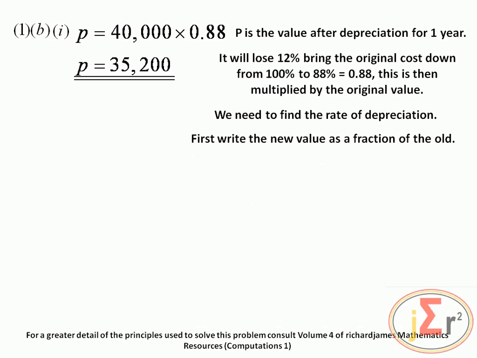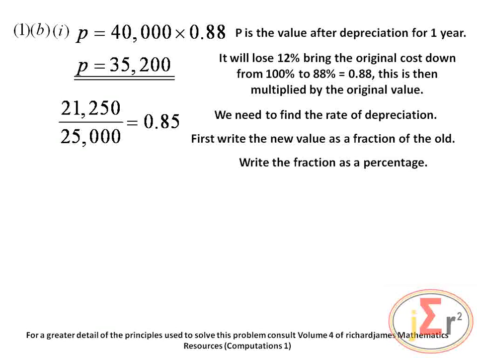So we are going to write the new value as a fraction of the old. So we are going to put the new value of 21,250 as a fraction of 25,000. That turns out to be 0.85.